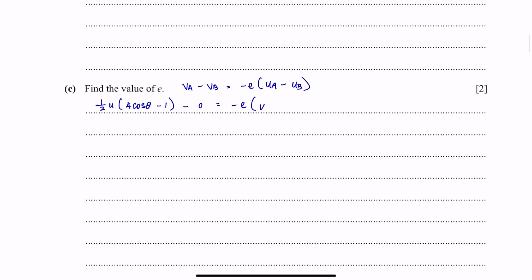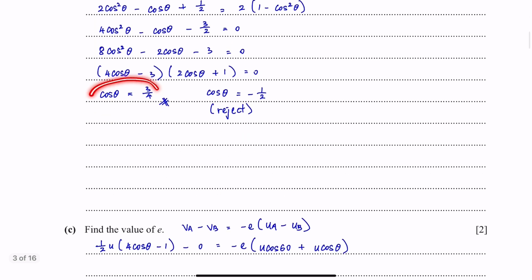So U cos 60, and because UB is a negative value, we would add U cos theta. Now we can substitute the value of cos theta.